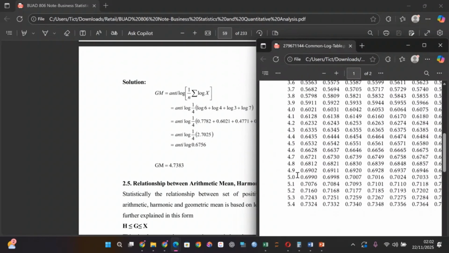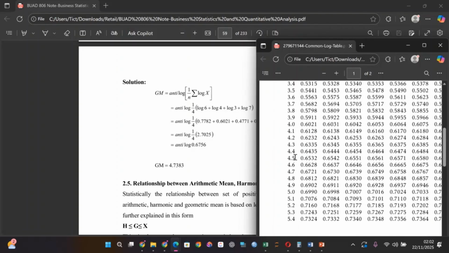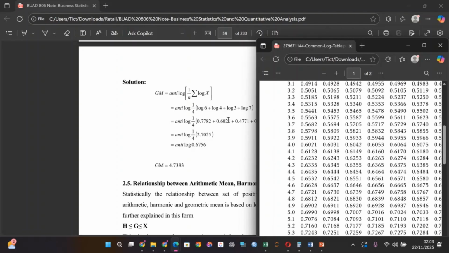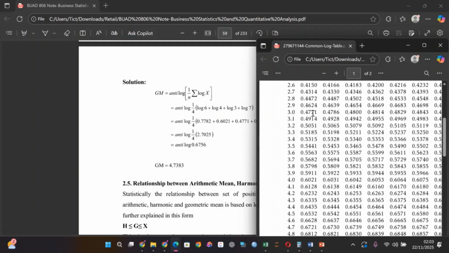You have 6.0, and this 6.0 gives you this value. Then log 4: you check 4.0, which gives you 0.621, and then log 3 is going to be 3.0, which is 0.477.